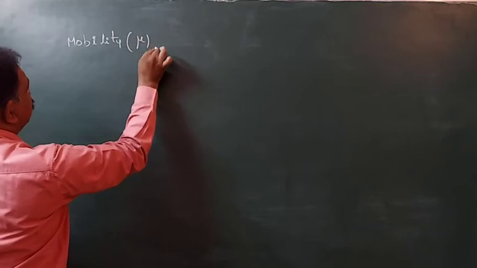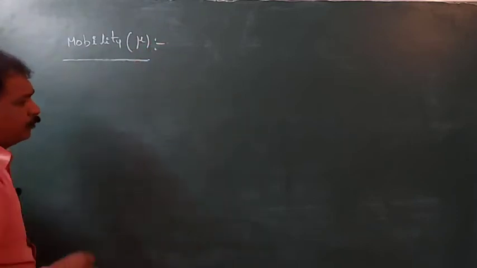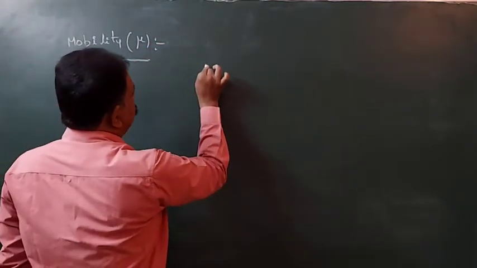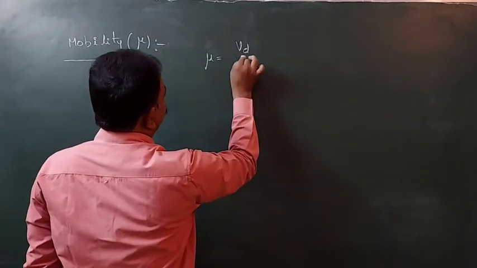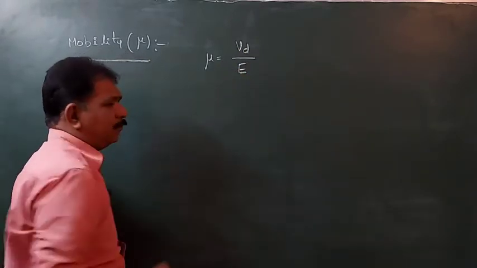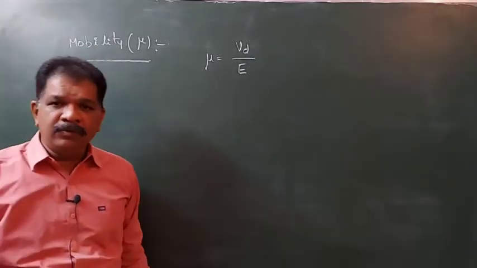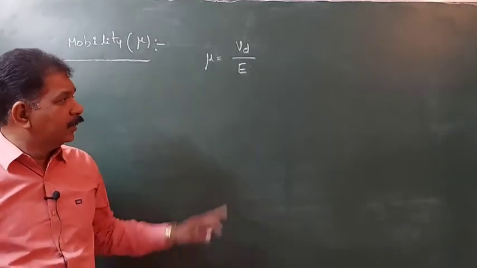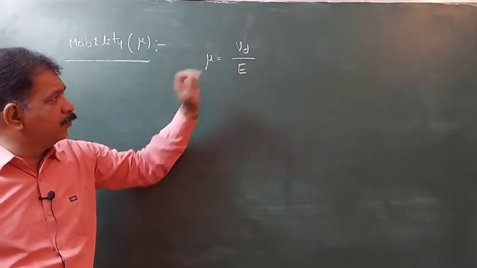It is indicated by the letter mu. Mu is equal to Vd by E, drift velocity per unit electric field. That will be called the mobility.